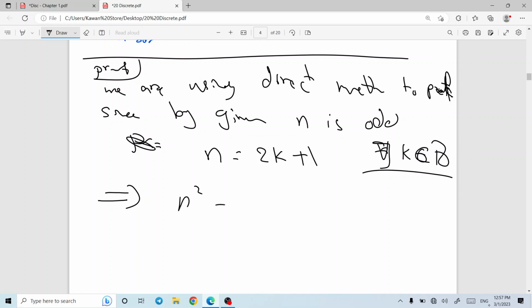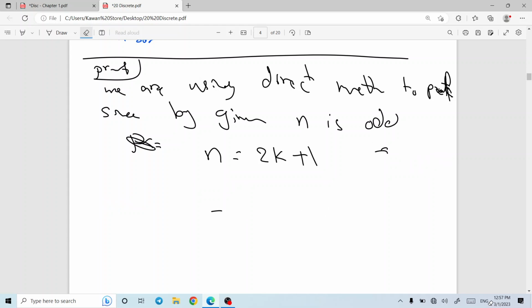So n squared is equal to what? Some books write it like that, which means that's the next step.